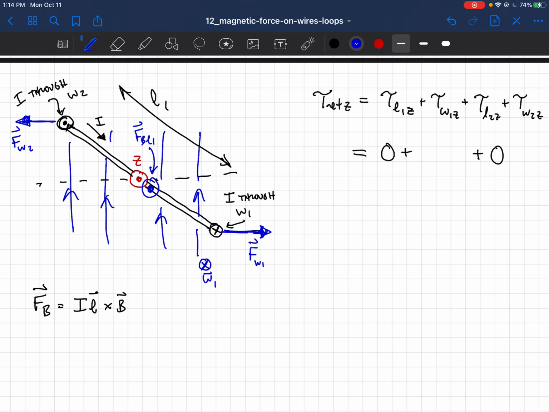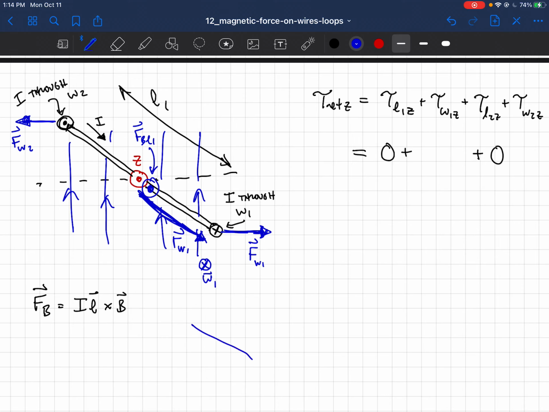Well, the R vector for each of these points along the L wire because it goes from the z-axis to the point at which the force is applied, and that is like this. So this is the RW1 vector, points like that. And as you see, the R vector and the force vector are no longer parallel.